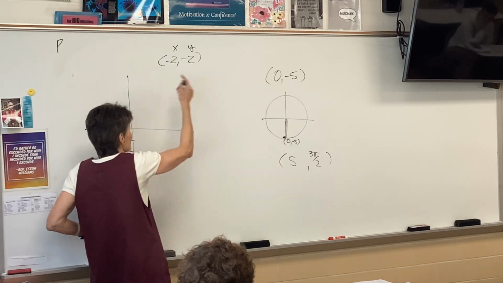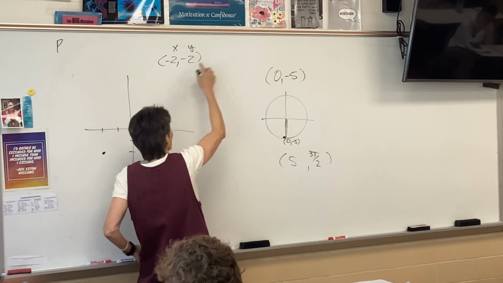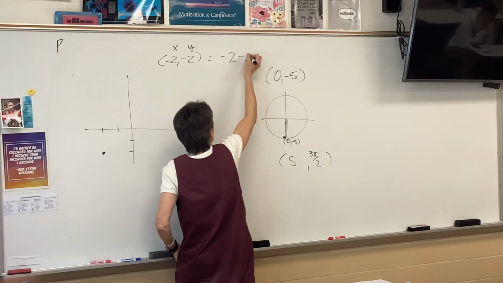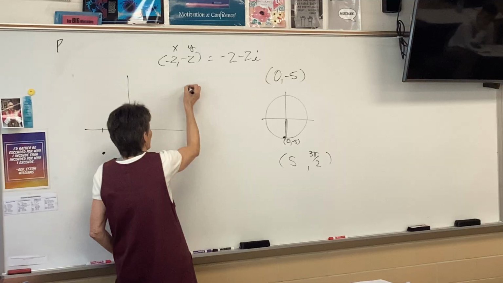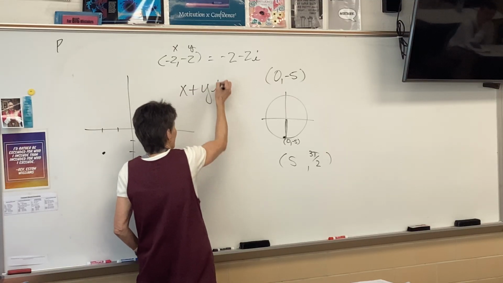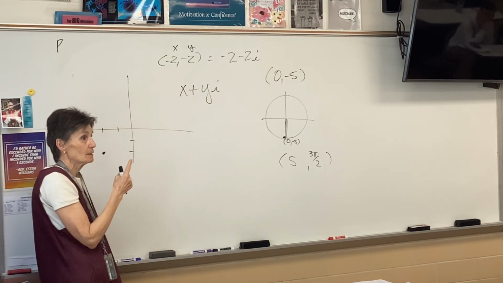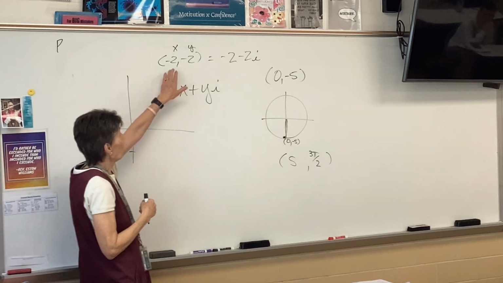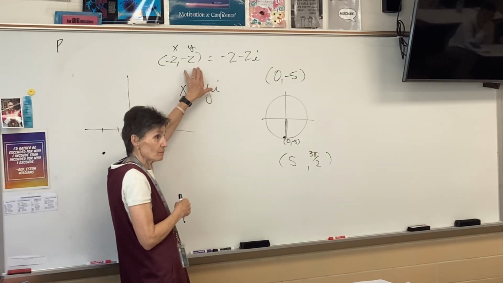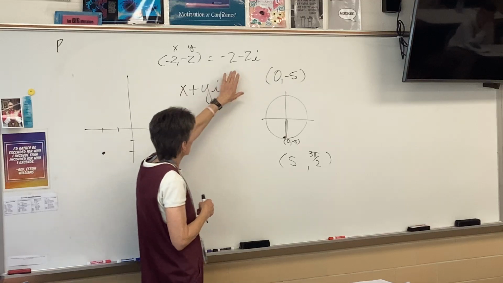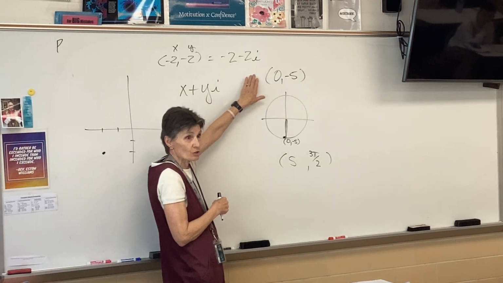So that's x, that's y, that's -2 minus 2i, because a complex number is x plus yi. Since I have been told that x is -2 and y is -2, my complex number is -2 minus 2i.